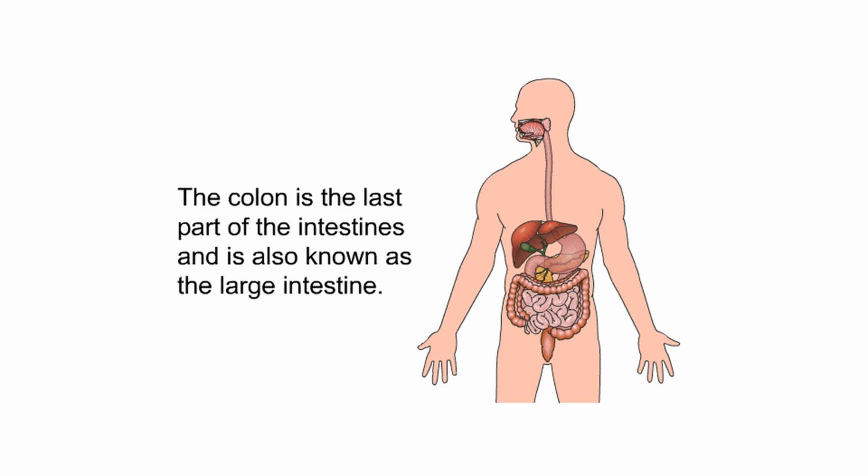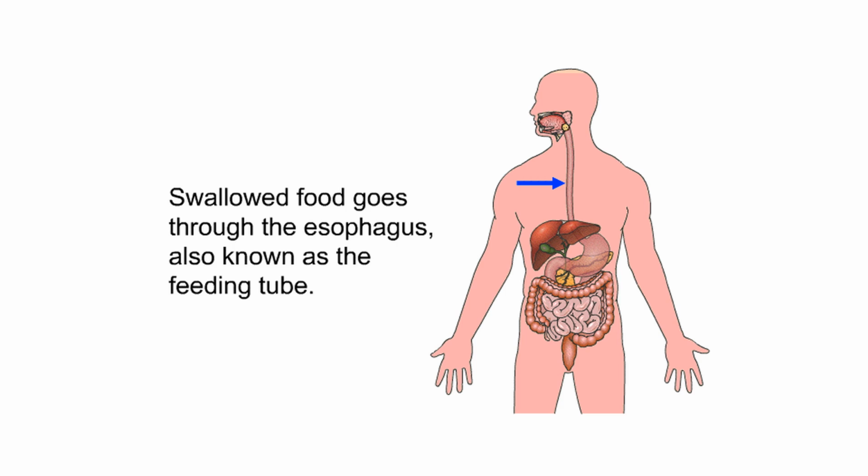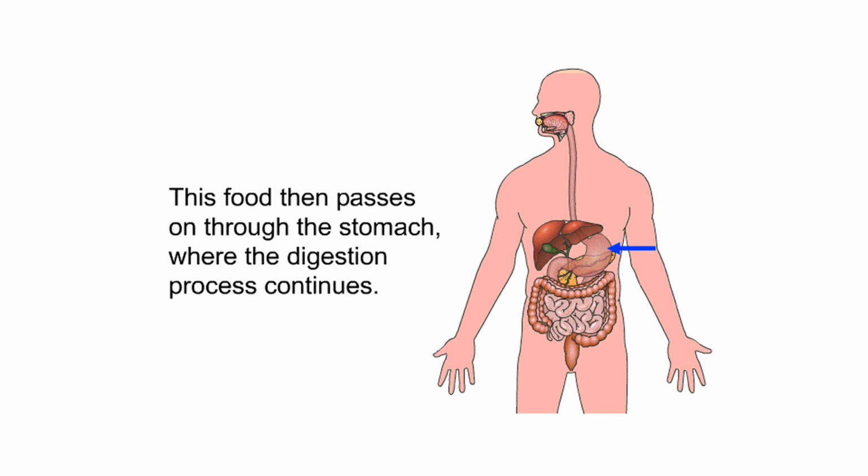Anatomy. The colon is the last part of the intestines and is also known as the large intestine. Swallowed food goes through the esophagus, also known as the feeding tube. This food then passes on through the stomach where the digestion process continues.